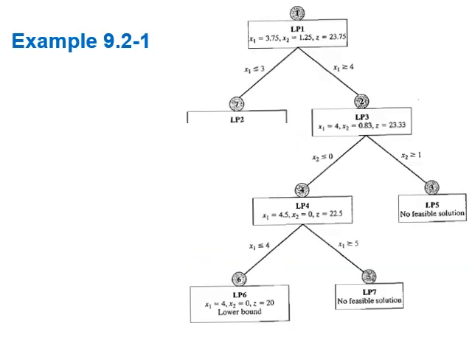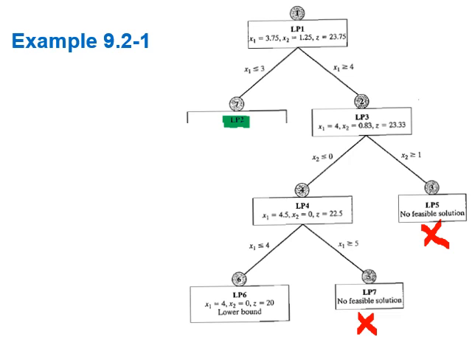Let's have a look at the branch and bound tree. LP2 still remains open, we haven't explored it yet. We explored LP7 and said that it doesn't have any feasible solution. So we initially fathomed LP5, and we fathomed LP7 as well because of no feasible solution.